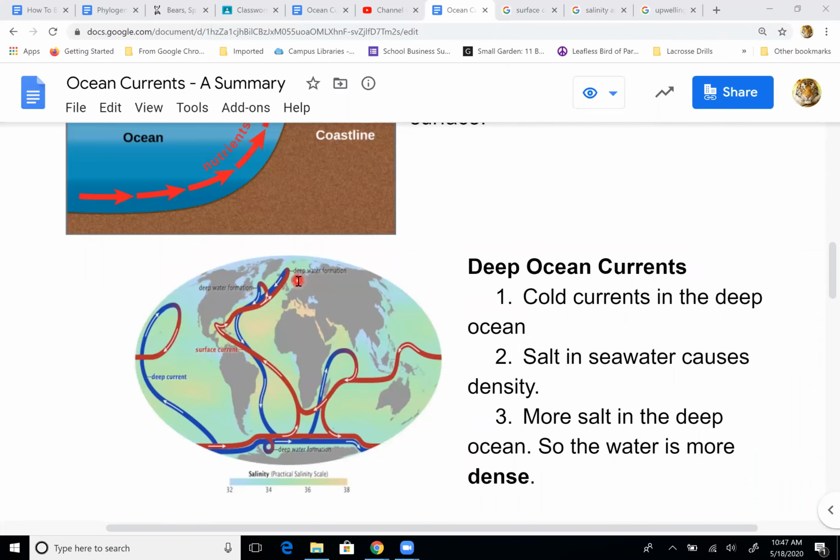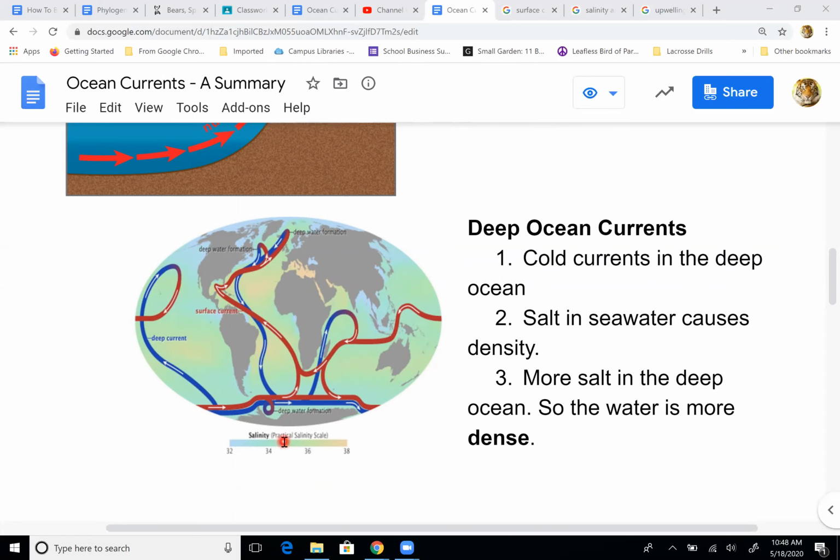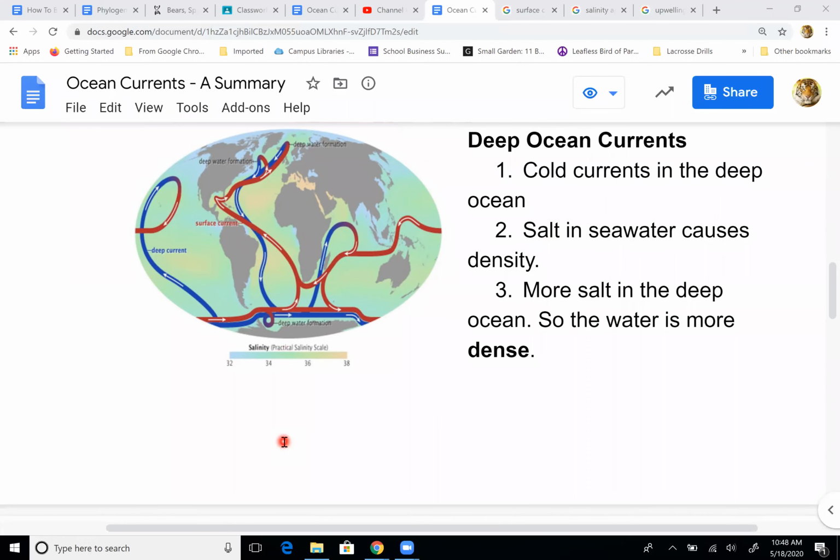They move water around, but they're deeper because of salt in the seawater. The ones that are red, out in the open ocean, are surface currents. The ones that are blue are the deep, salty currents, the deep ocean currents. You have surface currents, and then you have deep ocean currents. That's the difference between the two types of currents.